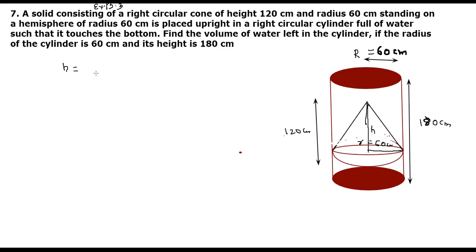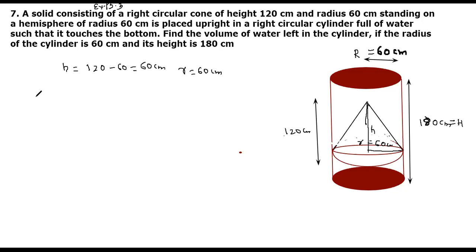So 120 centimeters minus 60 centimeters: 60 centimeters is the height of the cone, and the radius of the cone is also 60 centimeters, and this is the height of the cylinder, capital H.